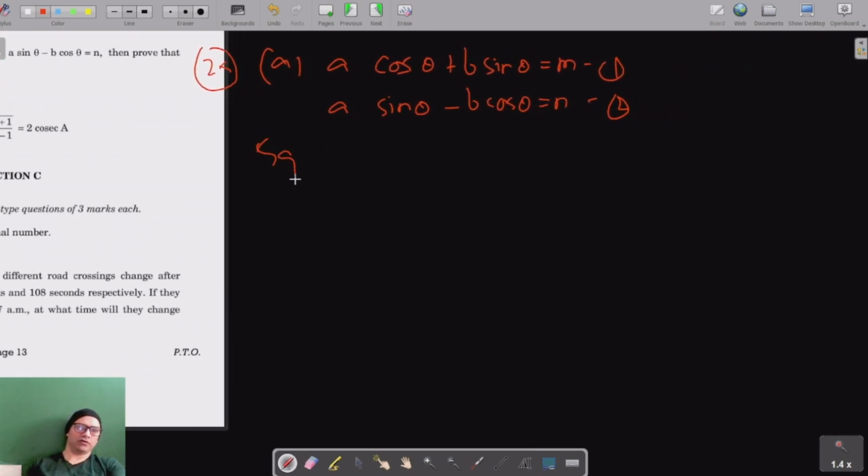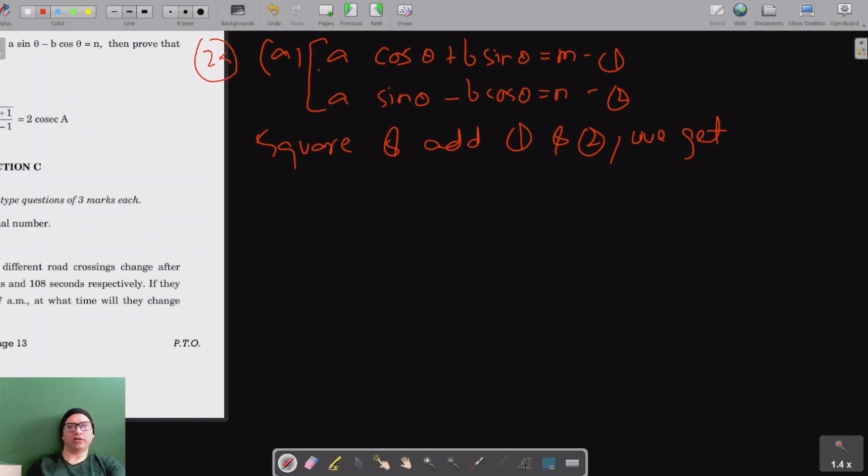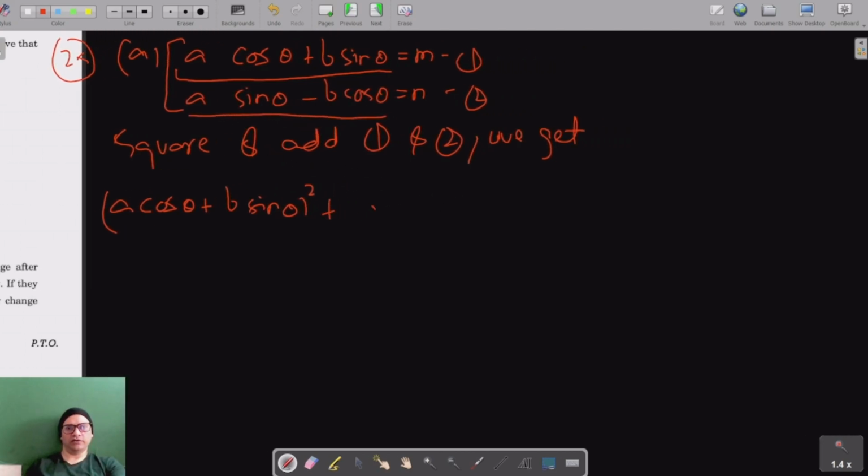So we are going to square and add 1 and 2. So let's square this. So this is a cos theta plus b sine theta the whole square, plus, squaring and adding, a sine theta minus b cos theta the whole square, which is equal to m square plus n square.